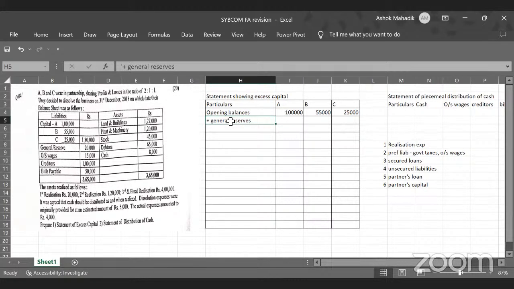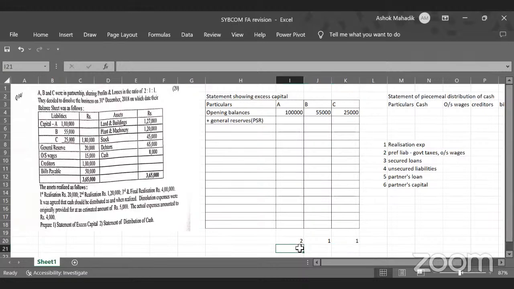So you have to distribute this reserve in profit sharing ratio, PSR. Now divide this 20,000 in PSR. What is PSR? 2 is to 1 is to 1. It means total 4 shares are there.